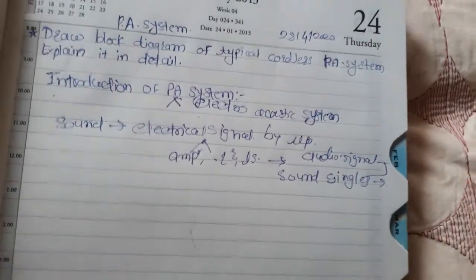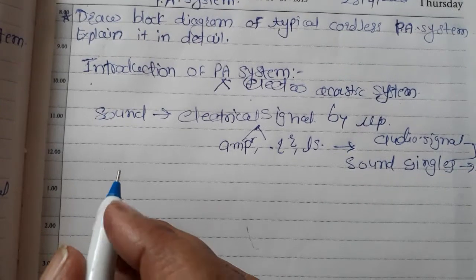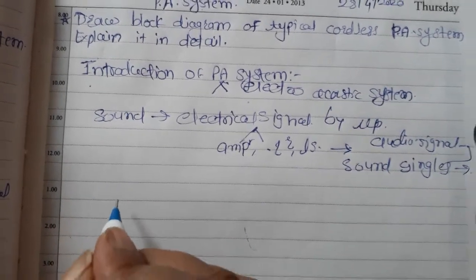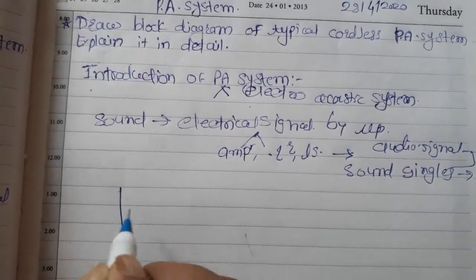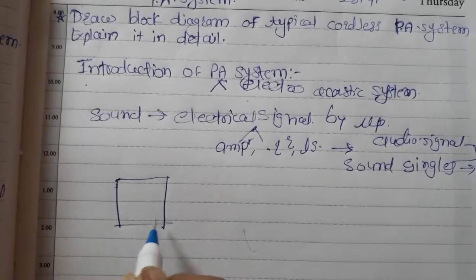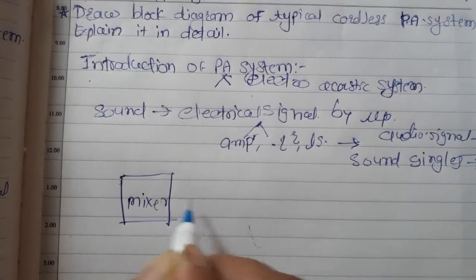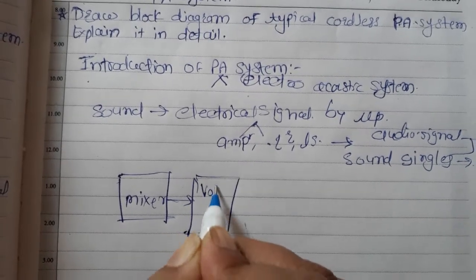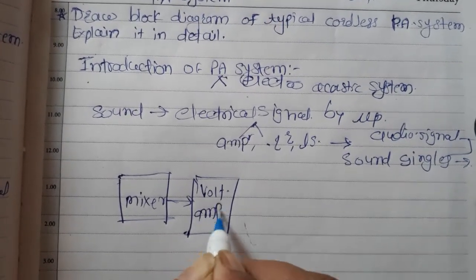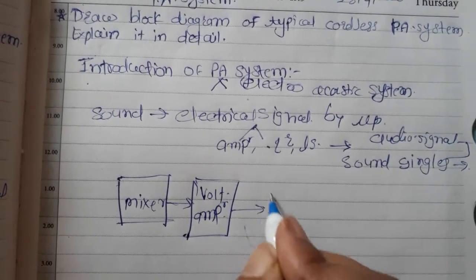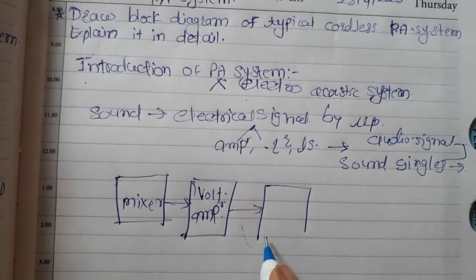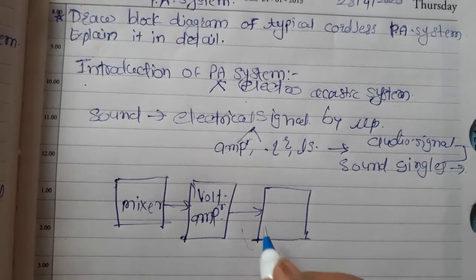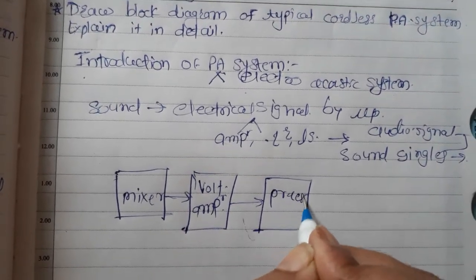Then let us start with the diagram of PA system. The basic diagram of PA system is this. This is the mixer. The mixer is connected to the voltage amplifier. Then the output of the amplifier is connected to the process circuit.